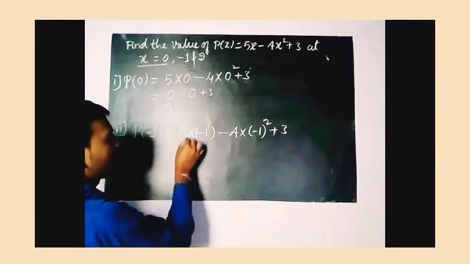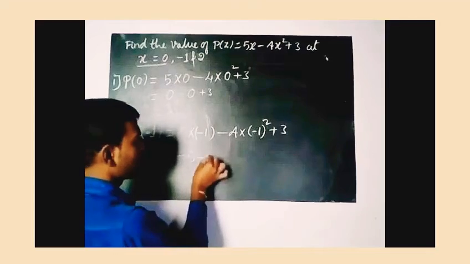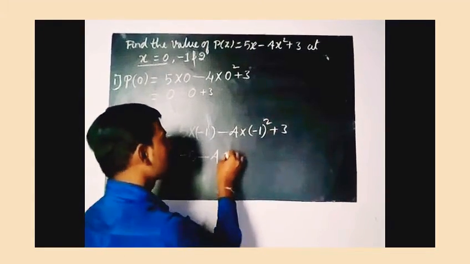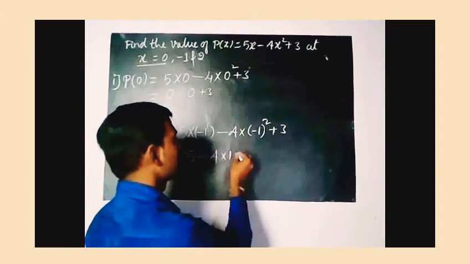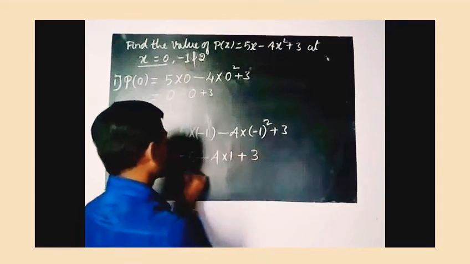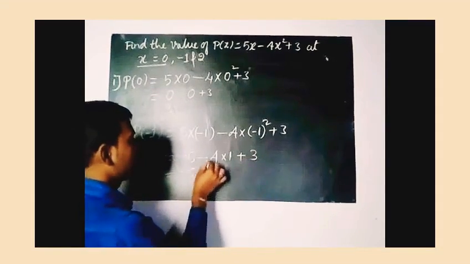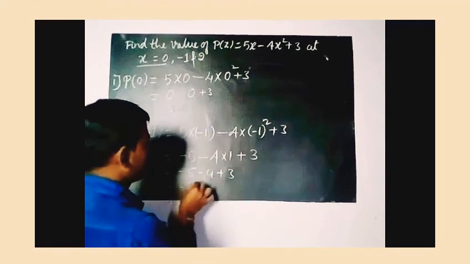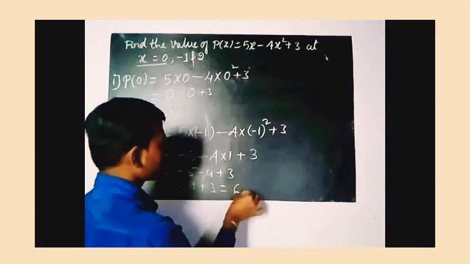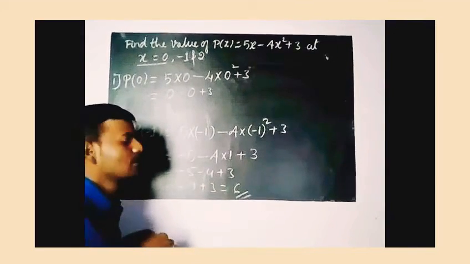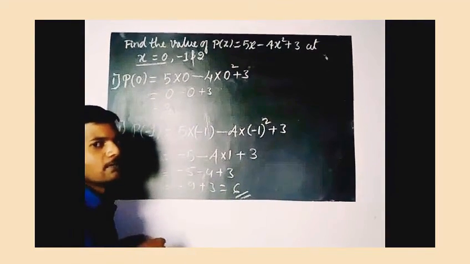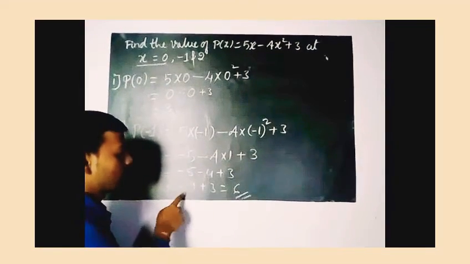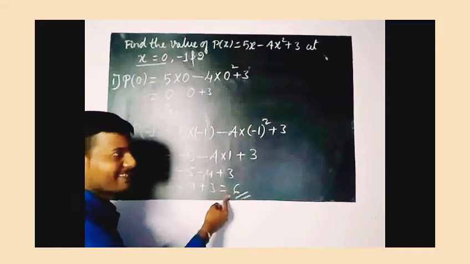Okay, 5 into -1 is -5, minus 4 into (-1) whole square. (-1) whole square is 1 only, plus 3. -5 -4 plus 3 is -9 plus 3, which is equal to -6, because we have to add the negative numbers first and then combine with the next one. -5 -4 becomes -9 plus 3, which is equal to -6.